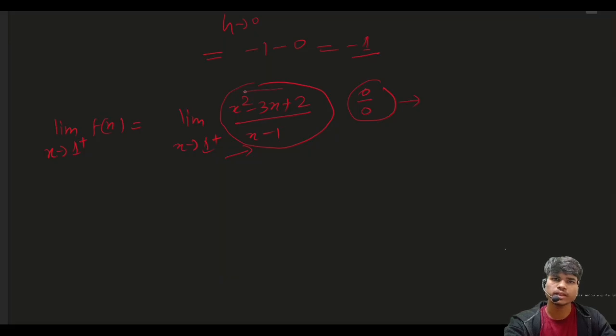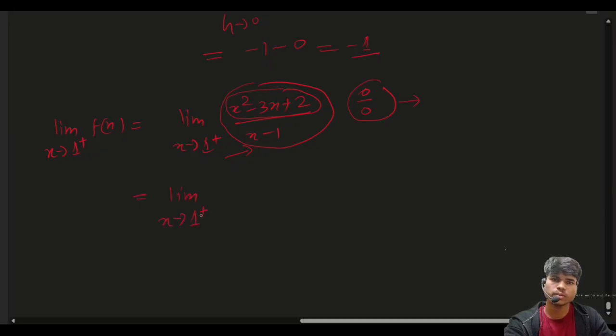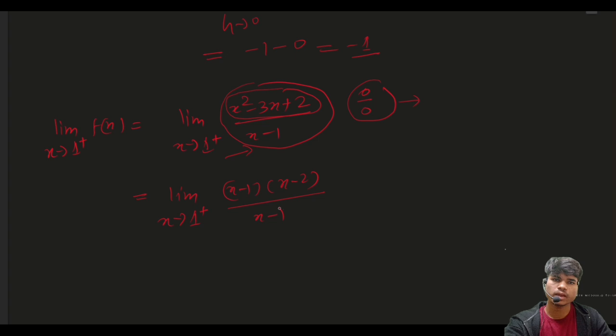So we will factorize this expression again. So we have limit x tends to 1 positive x minus 1 into x minus 2 divided by x minus 1, and here x minus 1 with x minus 1 cancels. So we have limit x tends to 1 positive x minus 2.